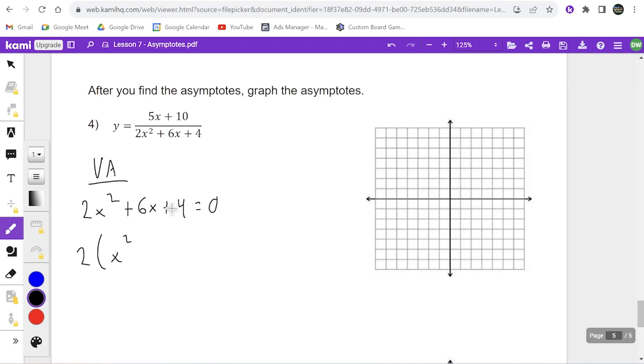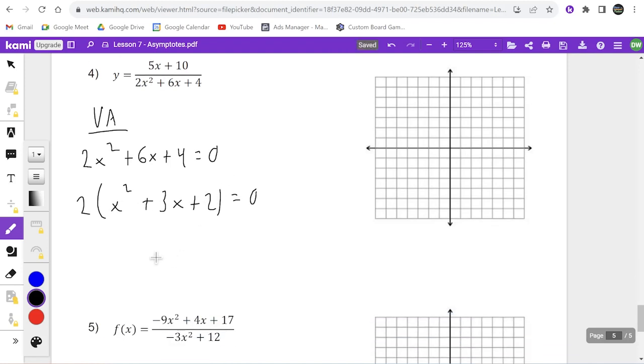In other words, divide everything by 2: x squared plus 3x plus 2. And now this is significantly easier to factor. It's going to be x plus 2 times x plus 1. Technically, the 2's still out in front, but that's really not going to matter for this problem. And so I get x equals negative 2 and negative 1 as my 2 answers for the vertical asymptote.